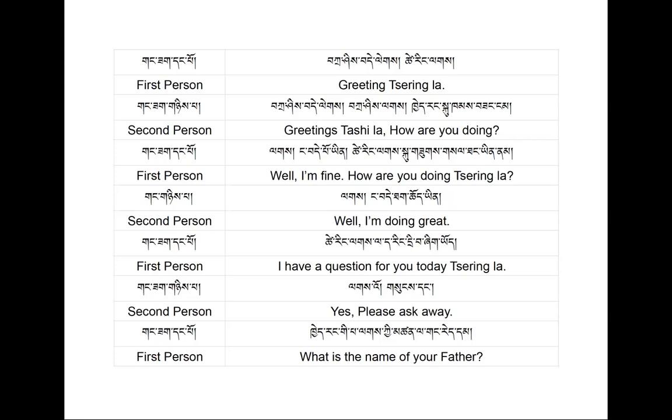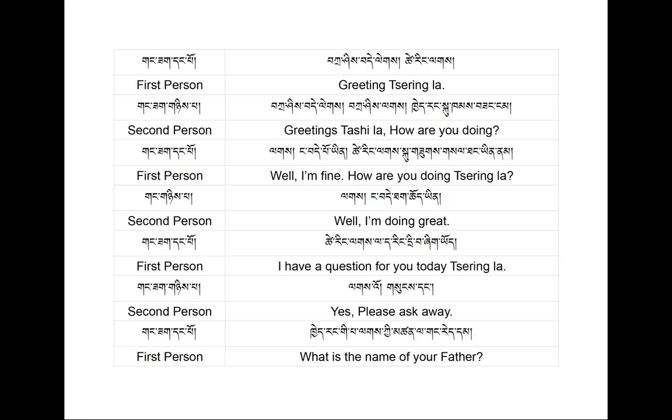This may seem as if we're not asking the other person if we could ask them a question, but this is actually how it is normally done in the Tibetan language. Sometimes we don't ask if we could ask a question.